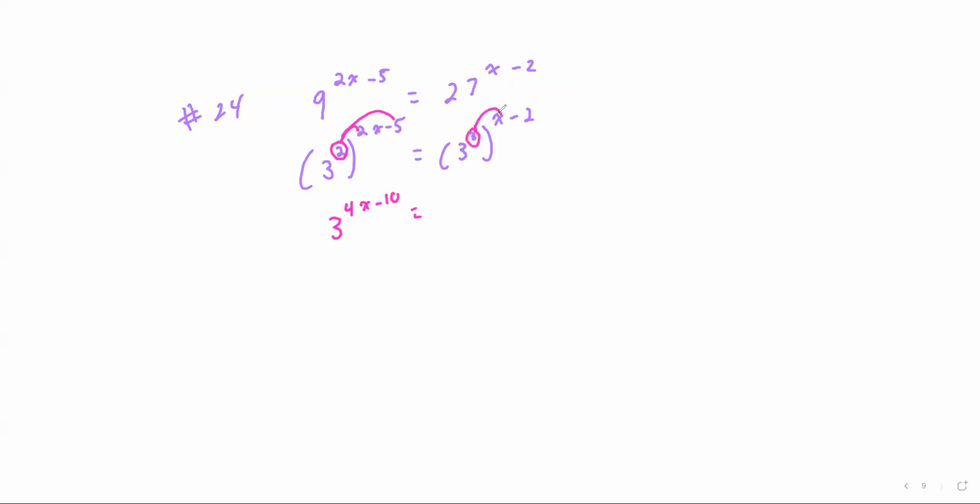Take this 3, and this now becomes 3 raised to the 3x minus 6. Just like before, for this to equal this, the exponents must be equal, and I can just drop these bases and set those equal to each other. So I now get 4x minus 10 equals 3x minus 6, and now I'm ready to solve.